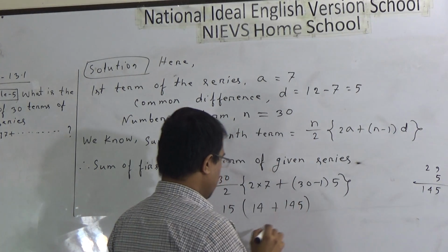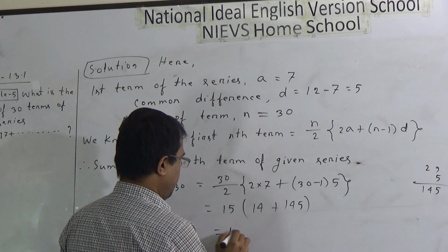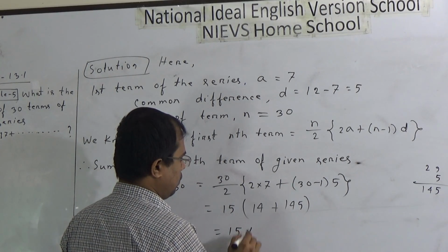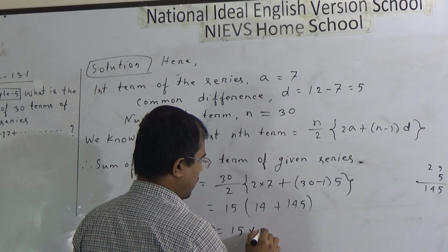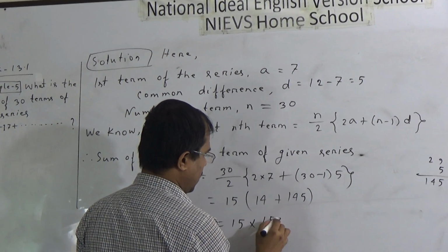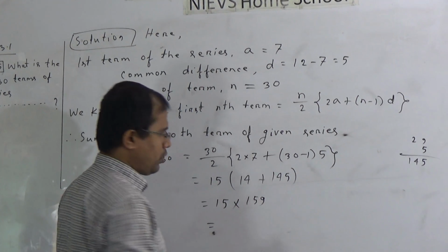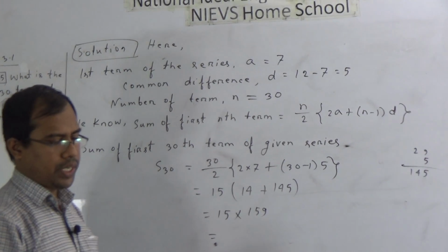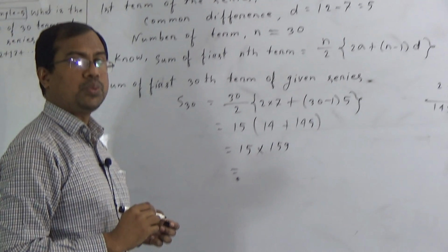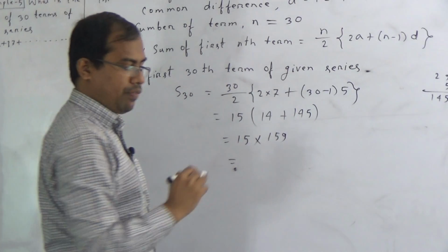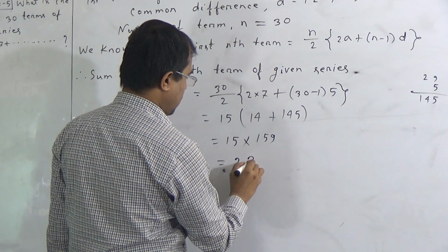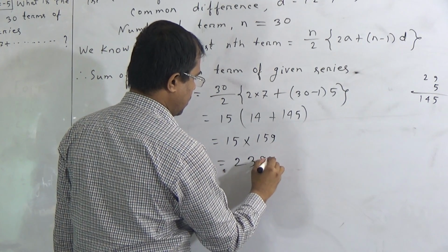Now if we add 14 with 145, then it will be 159. Now we have to multiply 15 by 159, and it will be 2385.